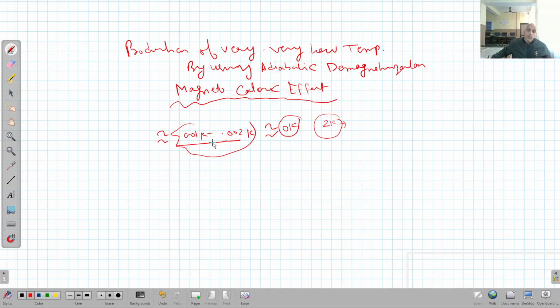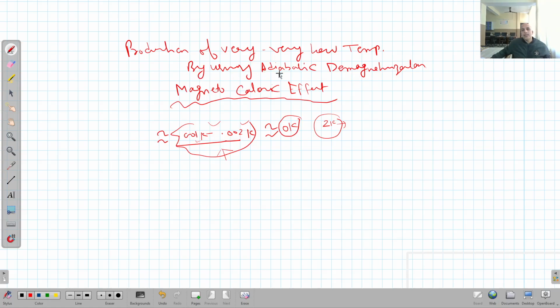So if we want to go close to 0 Kelvin, then we have to utilize the magnetocaloric effect. That is the process of heating due to magnetization and cooling due to demagnetization of a paramagnetic material. Clear? So here we will see how temperature close to this is produced by using adiabatic demagnetization.